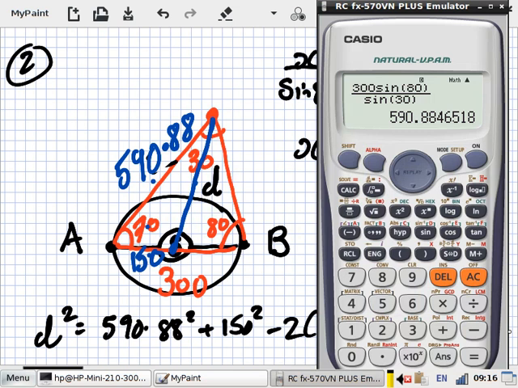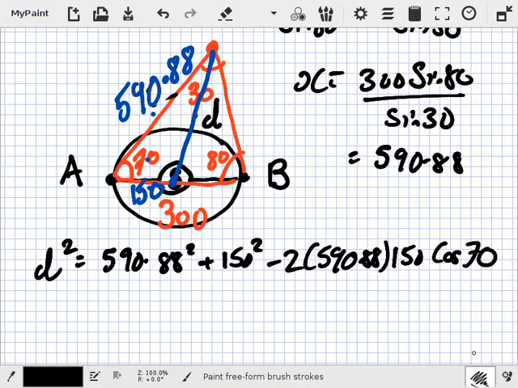So if I just hit that in on the calculator, that's my d squared. So if I square root it, 557.68.